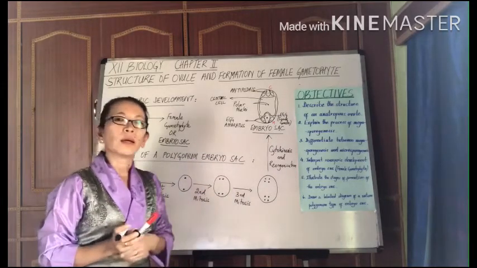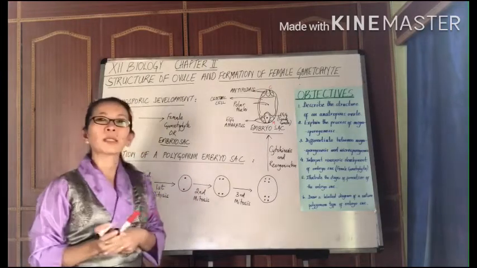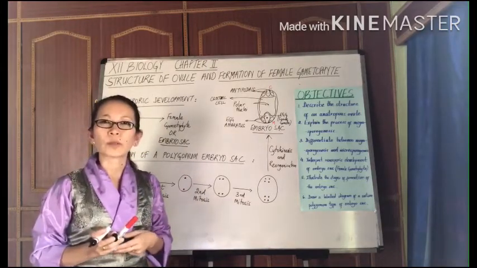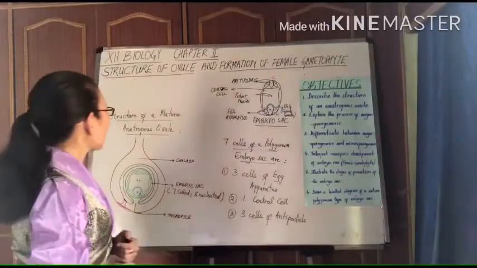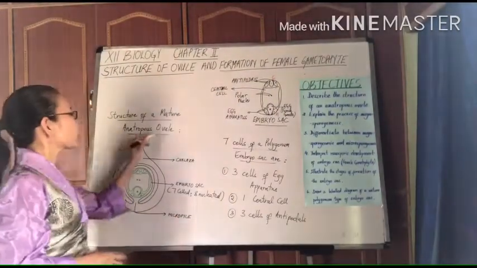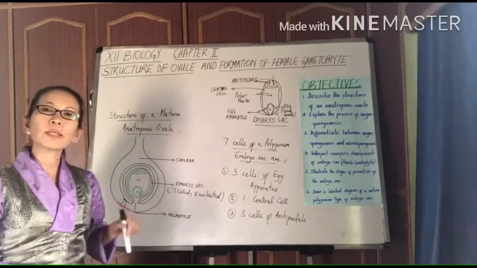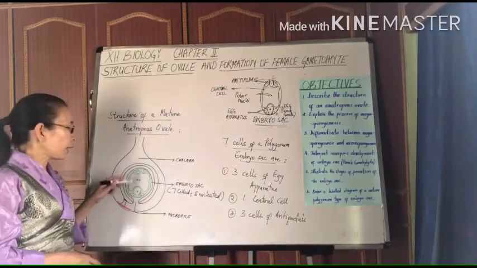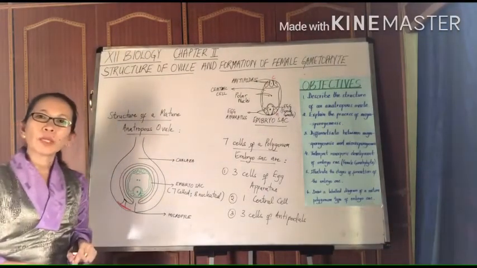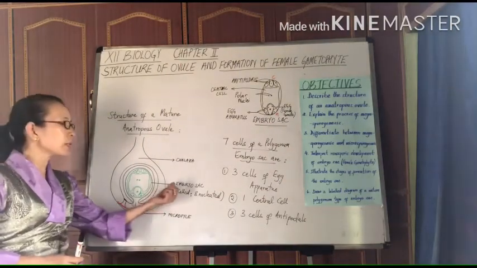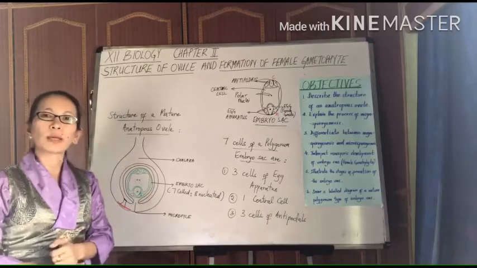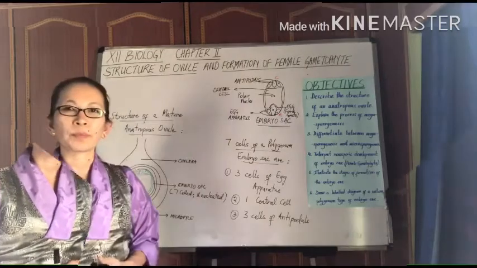And these cells are then going to participate in double fertilization. Finally, let's have the diagram of a mature anatropous ovule. When we say it's a mature ovule, it will not have much of the nucellar tissue, but the central region is now occupied by a single large embryo sac or the female gametophyte.